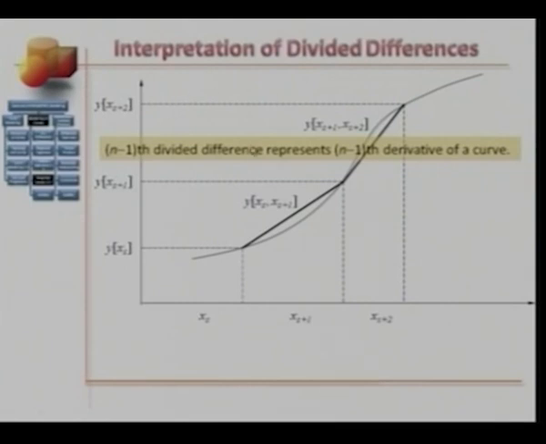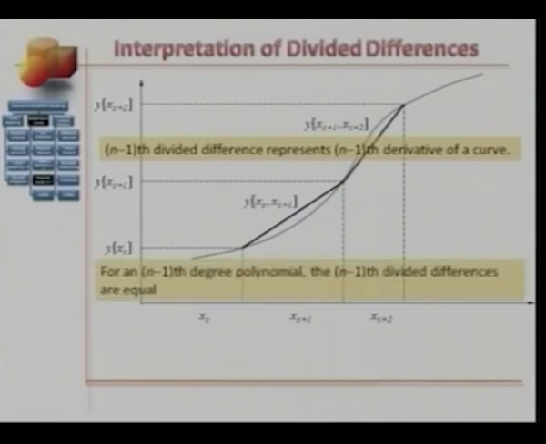Remember the term that I'm using here. It represents, it is not equal to the n minus 1th derivative of the curve. Now this is something very interesting. For an n minus 1th degree polynomial, the n minus 1th divided differences are all equal, and correspondingly the nth divided differences are all 0.